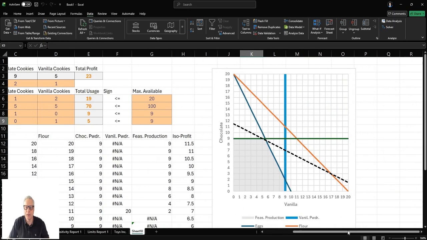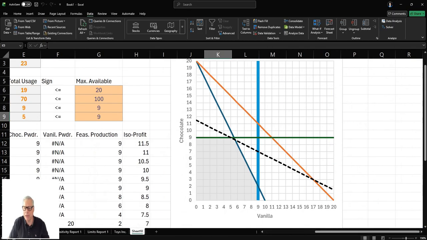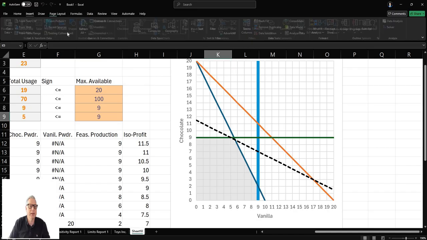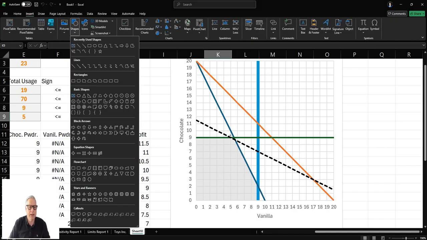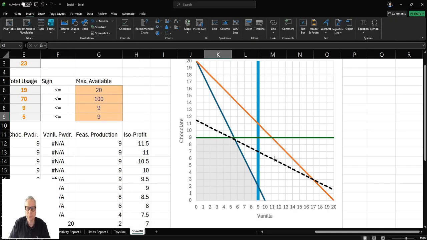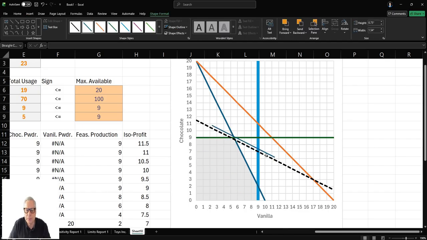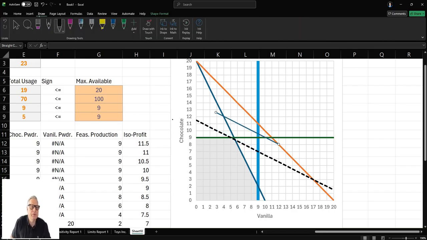So we said we have two options. So let's go back again and insert a line, which we can shift. Okay, and we said, okay, we have here one solution, which is here. That's the optimum, which is 9 and 5.